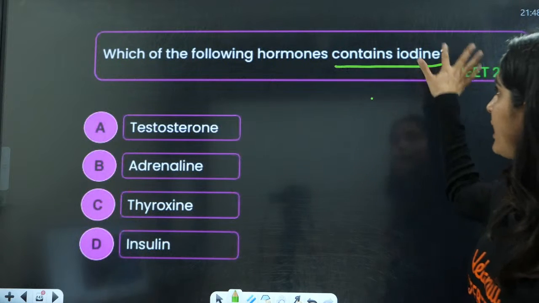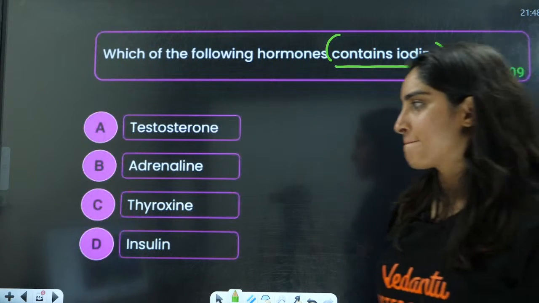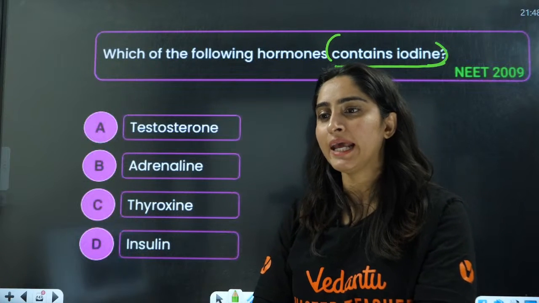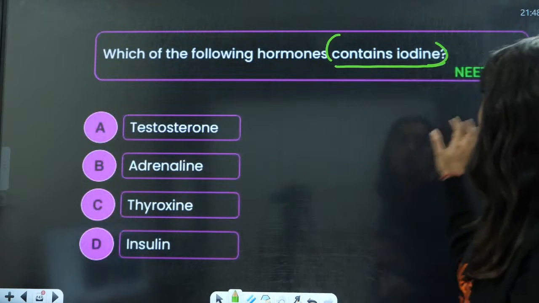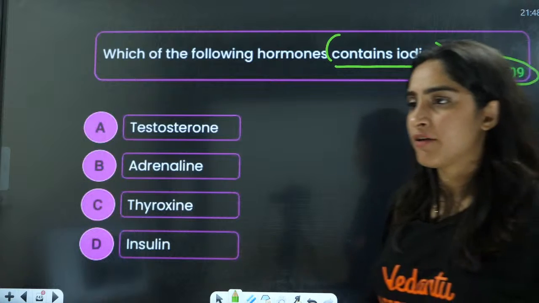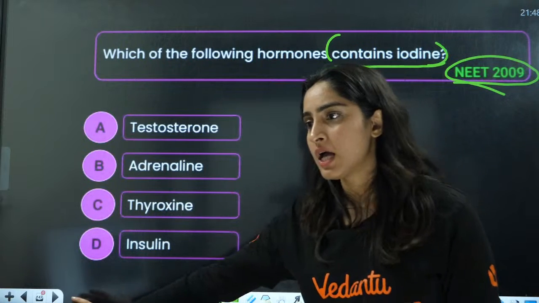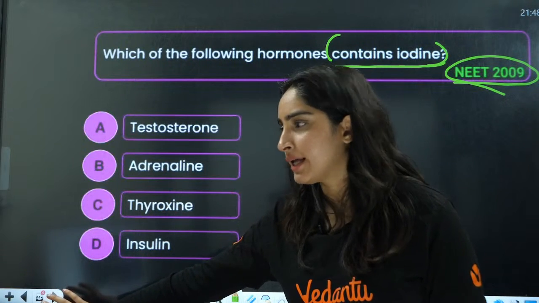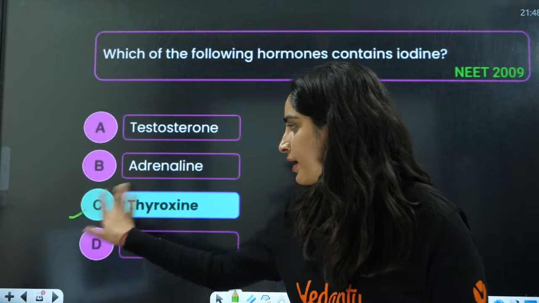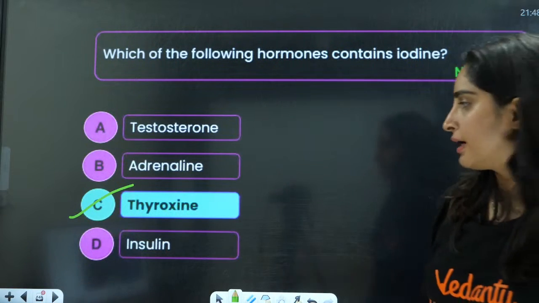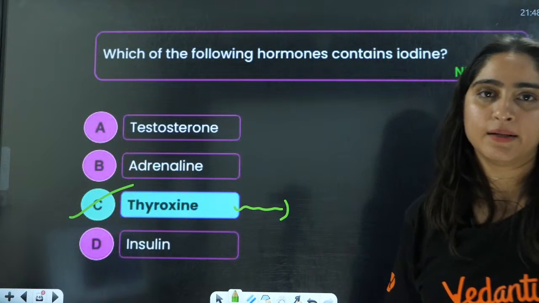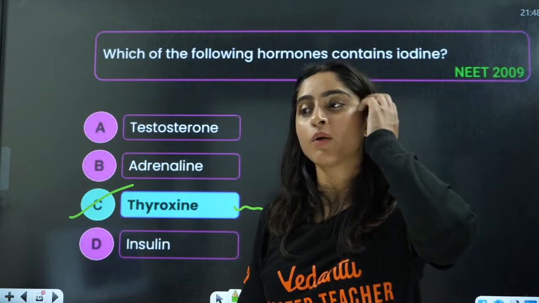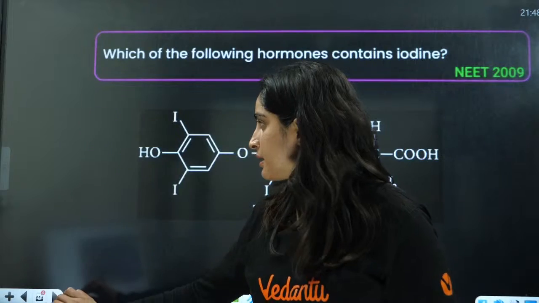This is a 2009 question. Which contains iodine here? Yes, very good. That is thyroxine. Thyroxine hormone contains iodine.